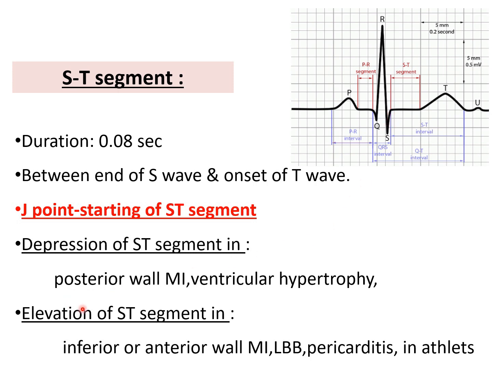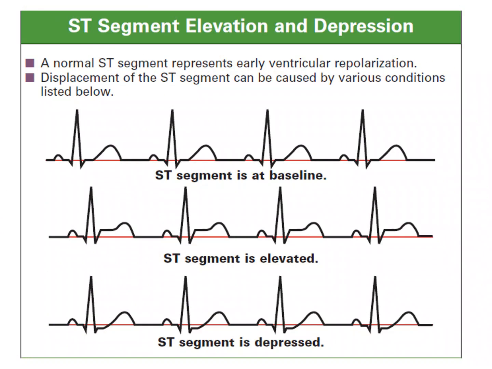ST segment elevation can happen in myocardial infarction, like inferior wall and anterior wall myocardial infarction. Other than that, left bundle branch block, pericarditis, and also in athletes, normal physiologically, ST segment elevation can happen. And this is the picture to show you what the normal ST segment is.